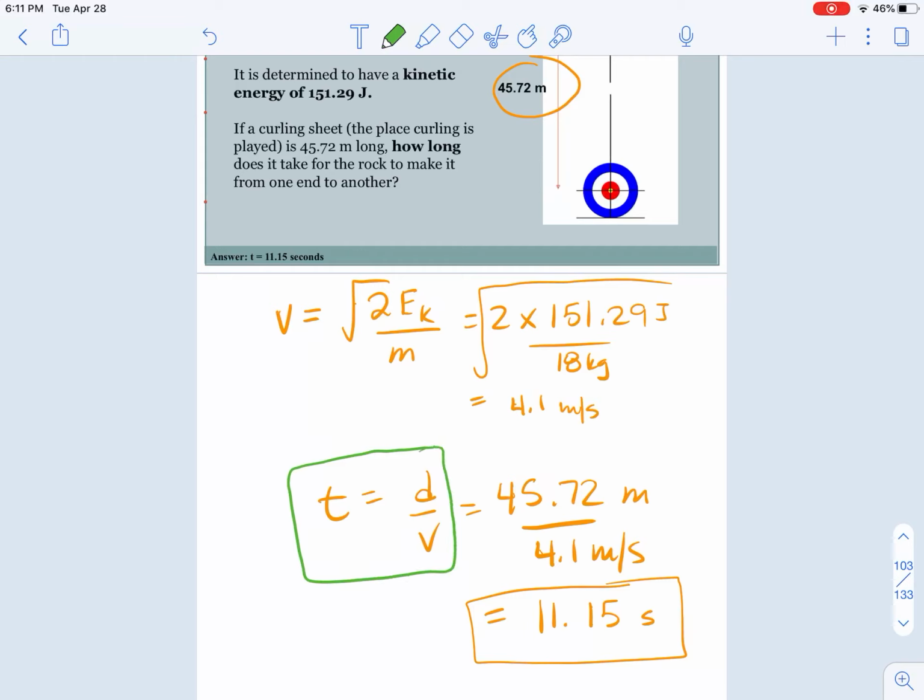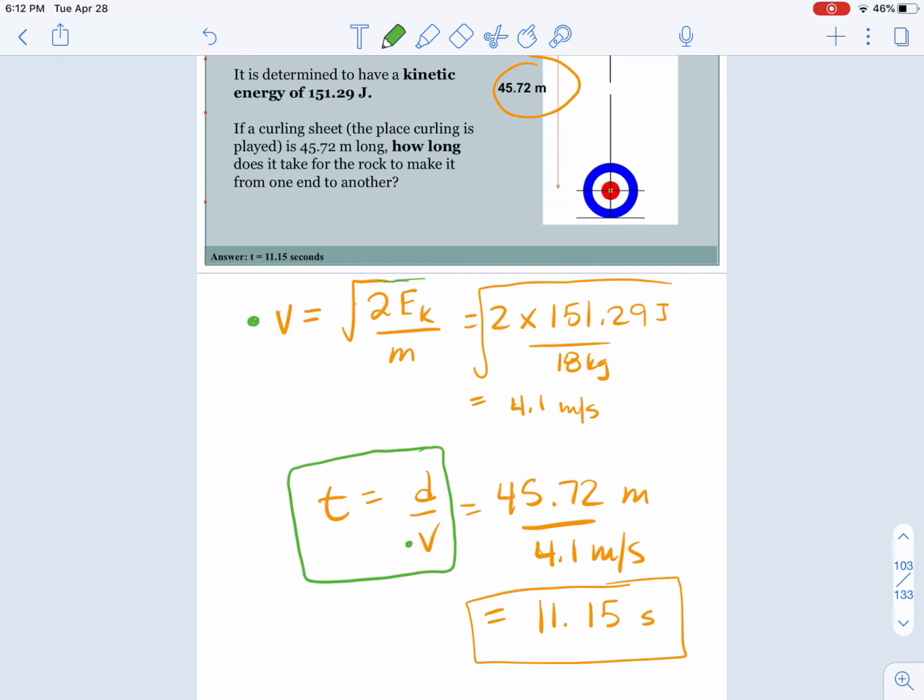First of all, they are asking you about time, and to get time we can use our velocity formula of distance over time, or turn it around and say time will be determined by distance over velocity. But to get this velocity, we have to get it from the other version of our half mv squared formula.